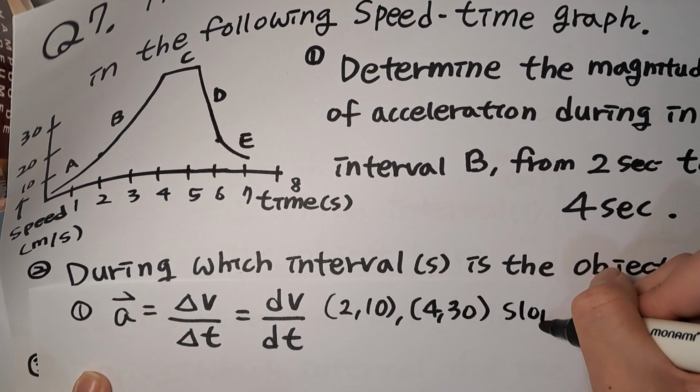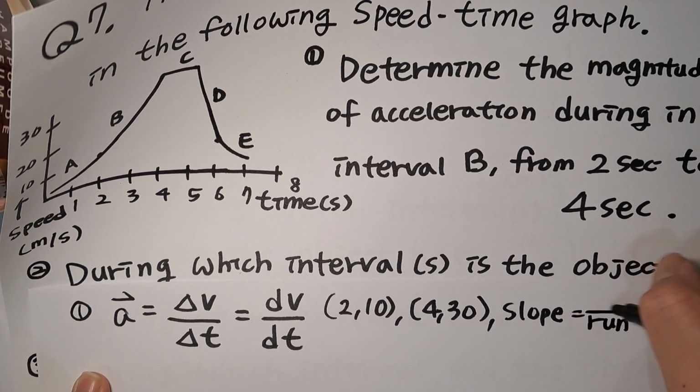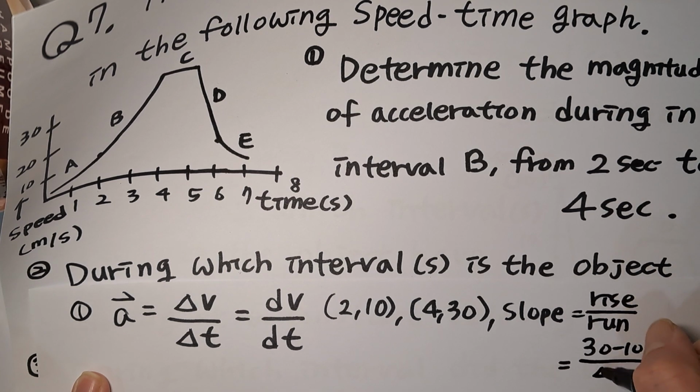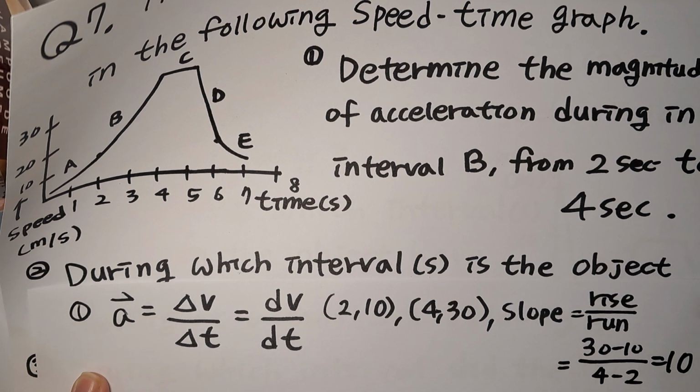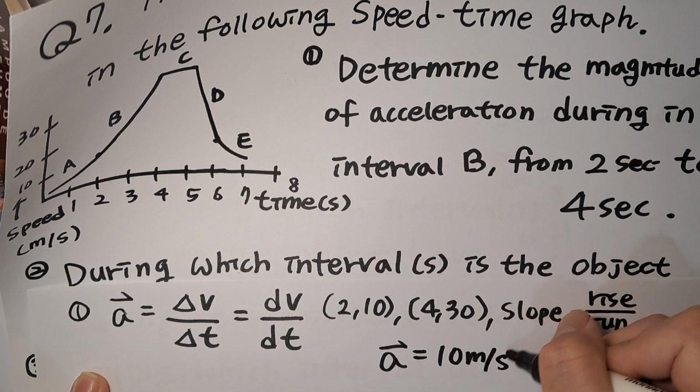So the slope is going to be this. So the acceleration is going to be 10 meters per second squared.